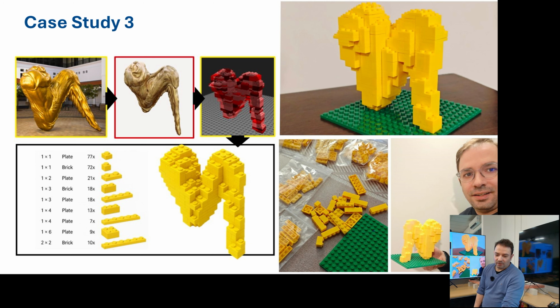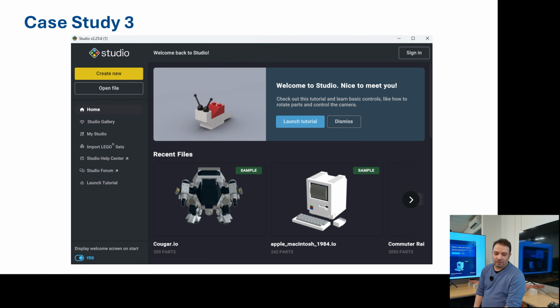And is it difficult to do? The software that I managed to find online is called Studio, and it's free software you can download and use to decompose any 3D model into Lego.